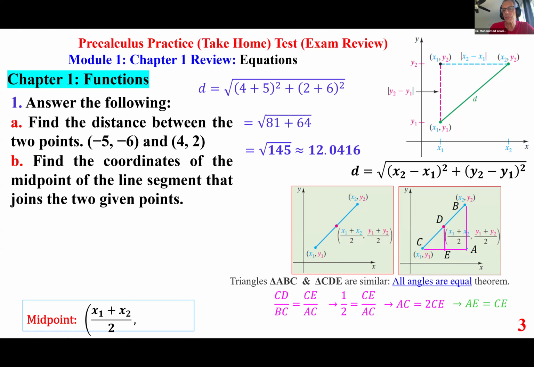This point has the x coordinate x sub 2. And so AE is x sub 2, from here to here, x sub 2 minus the x coordinate of E. The x coordinate of E is the same as D, which is x of the midpoint.